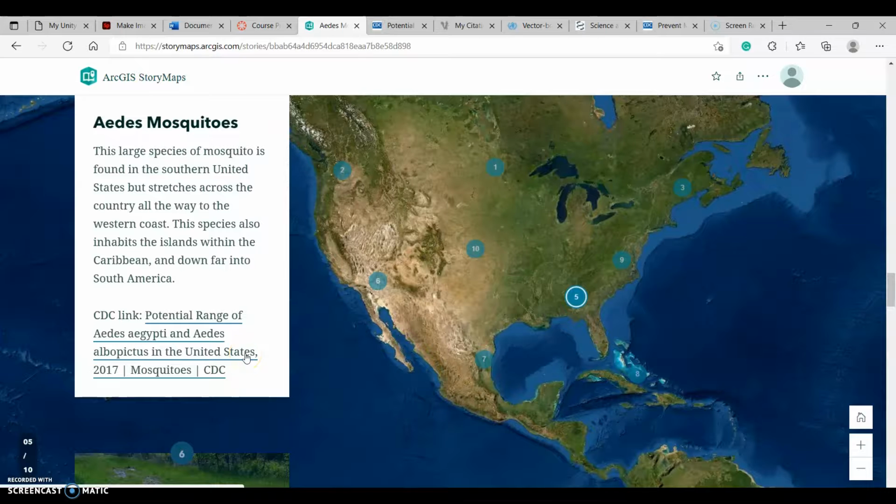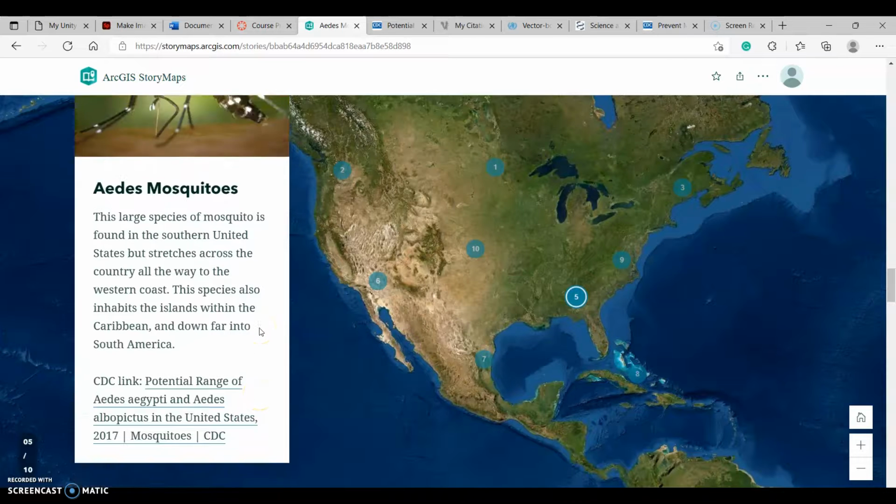They show ranges for the mosquito, however, they do not show specifically where the mosquito is, more generally where they could be found. It's hard for these organizations to map out exactly where the diseases are, because often there are very, very small pockets that are infected. However, it is a good resource to learn specifics about this type of mosquito.